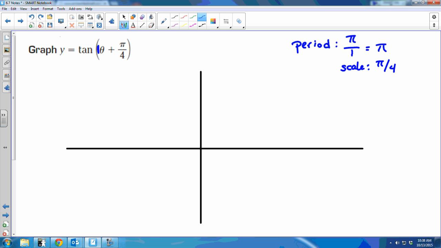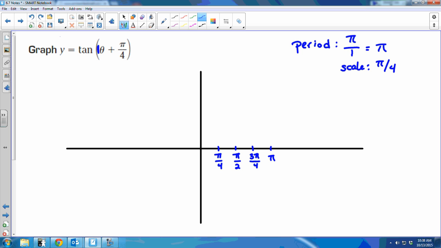So pi divided by 4 is just pi over 4. That's what I'm going to count by. Pi over 4, 2 pi over 4, 3 pi over 4, 4 pi over 4, and I could keep going. I probably will in a second.